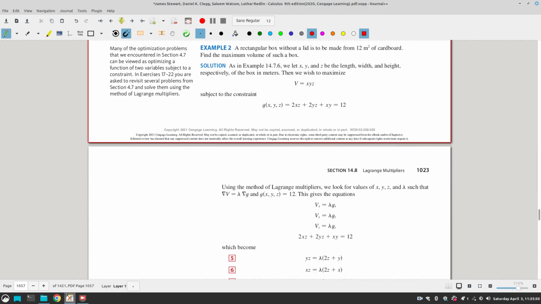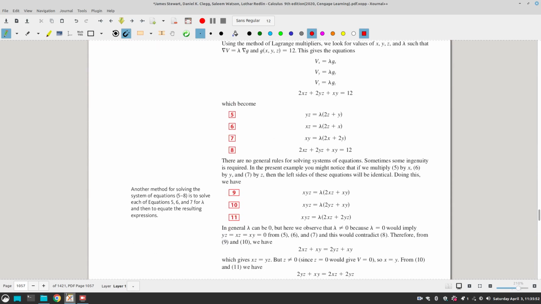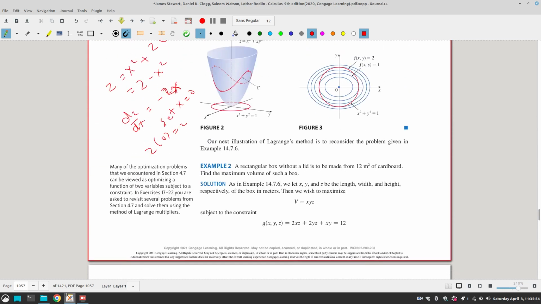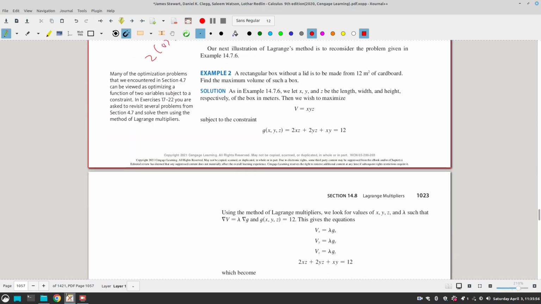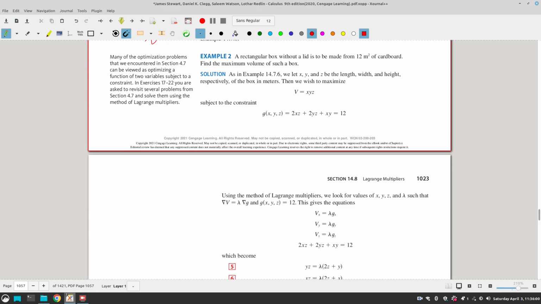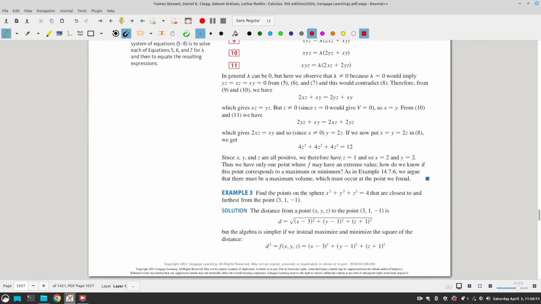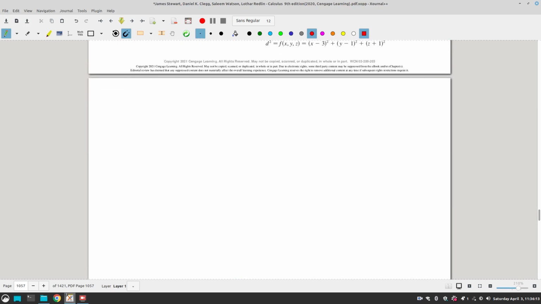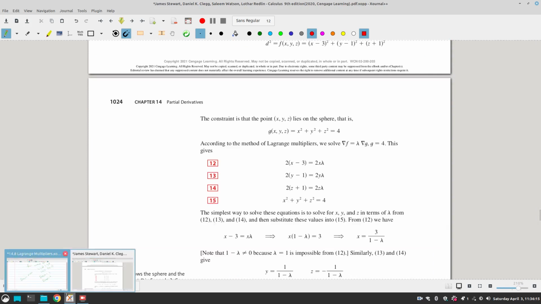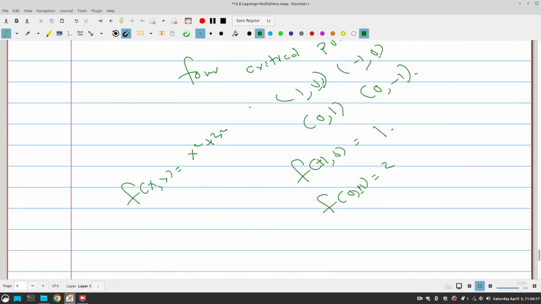Okay, so now you have a more practical problem in 3 dimensions. The way to do this is analogous: find the gradients of the constraint and of the given function. Let's see what the problem says.